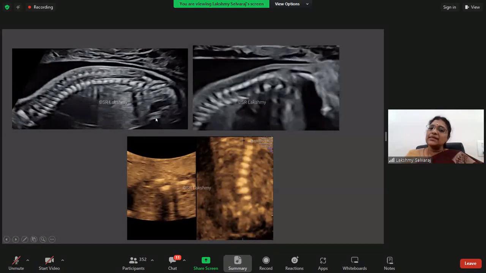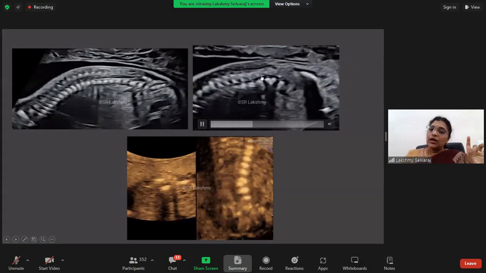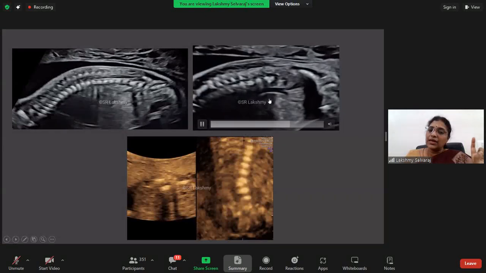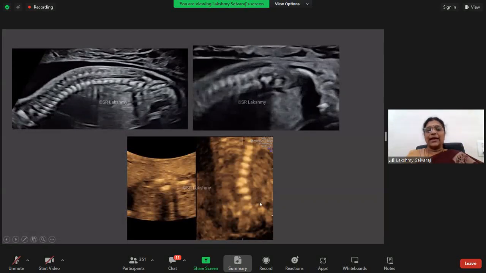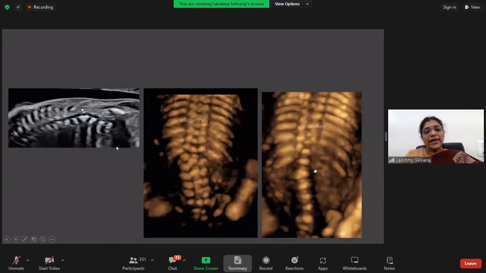So the first step is the coronal. Once you have confirmed your finding in the coronal, do the multiplanar and confirm it. In multiplanar imaging, we also have an additional advantage of not only knowing the level of the abnormality, you can also see whether the lateral elements, the posterior elements of the spine, are present. So look at this.